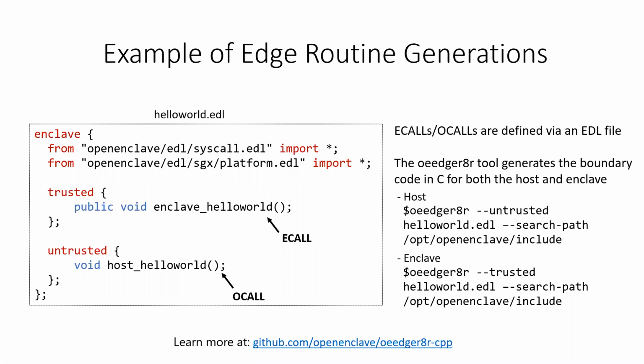So each application is associated with at least a single EDL, but you can also use the import syntax to import multiple EDLs. For example, Open Enclave by default provides some EDLs to make the developer experience easier, and you can also define your own EDL file that is imported by the main EDL file.